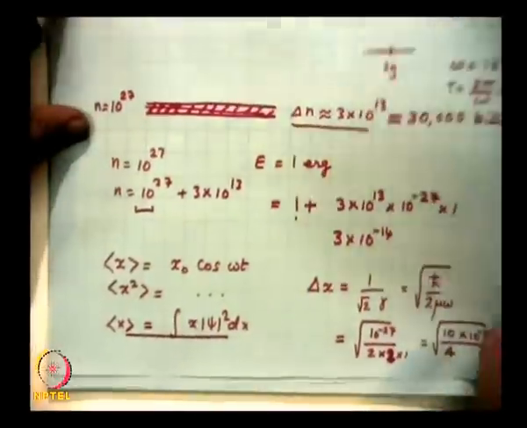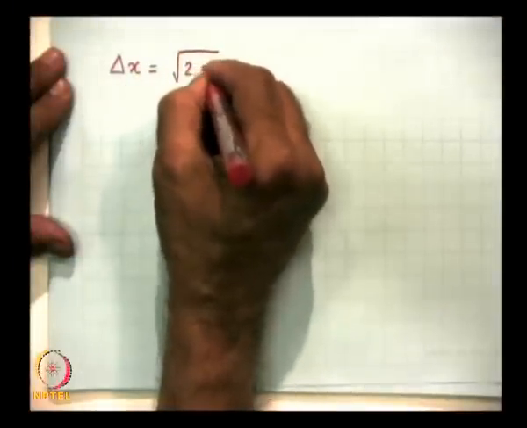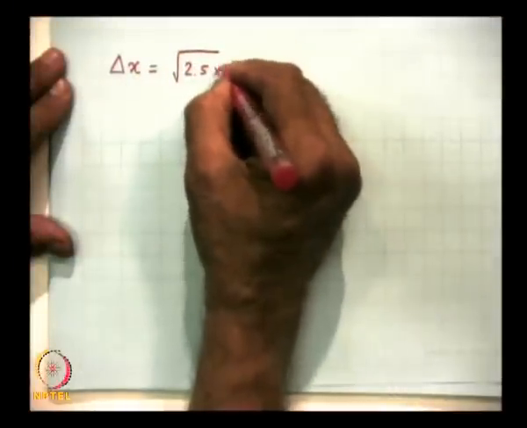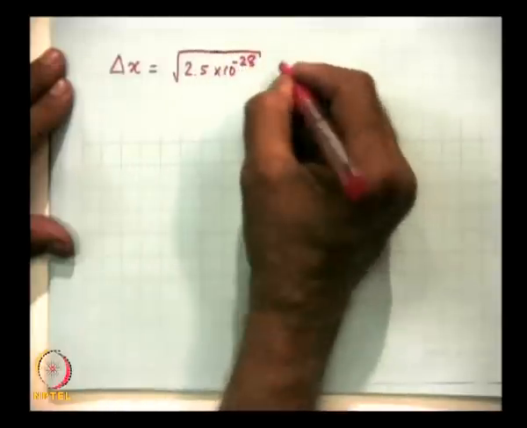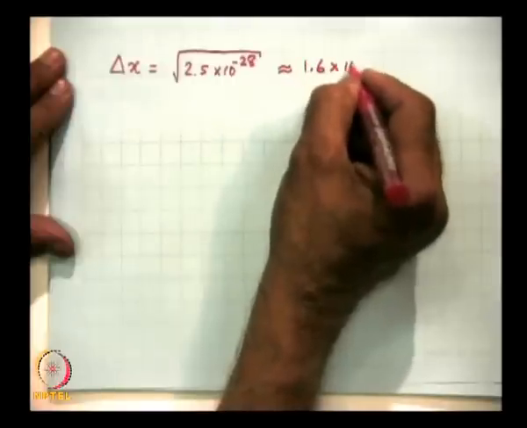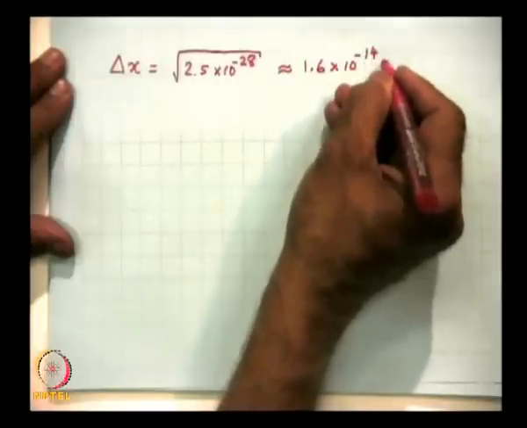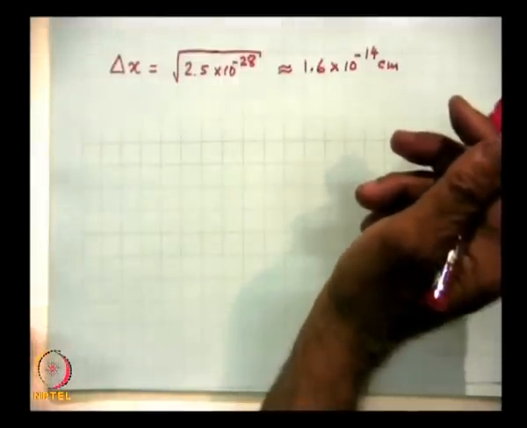So, my delta x comes out to be, please see this carefully, 2.5 into 10 to the power of minus 28 centimeters squared. So, the square root is about 1.6 into 10 to the power of minus 14 centimeter. So, this is the uncertainty in x.